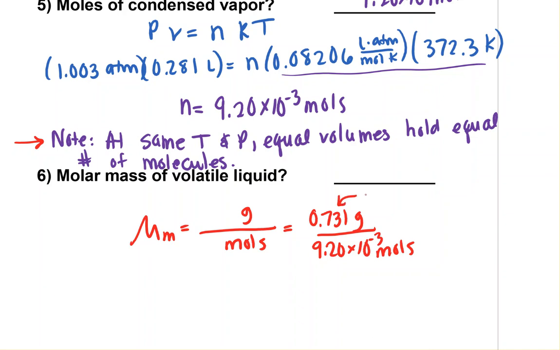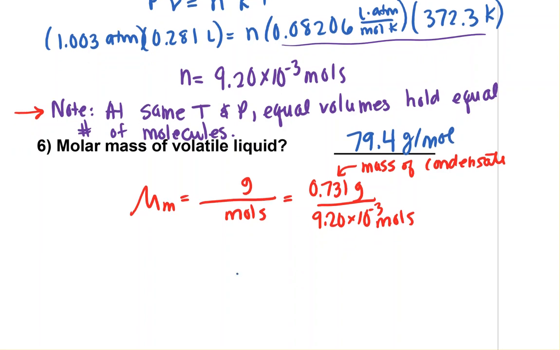This number is what we determined above, and so I get 79.4 grams per mole, which seems like a normal molar mass, but what should you expect?